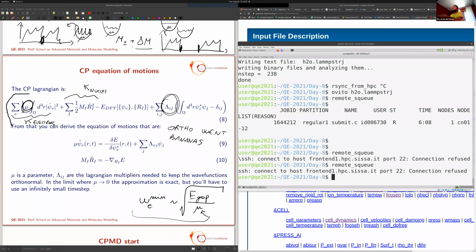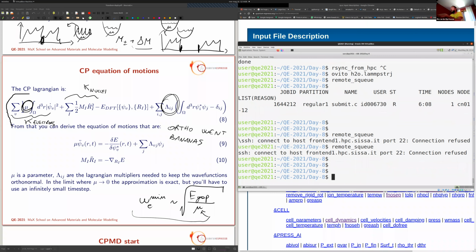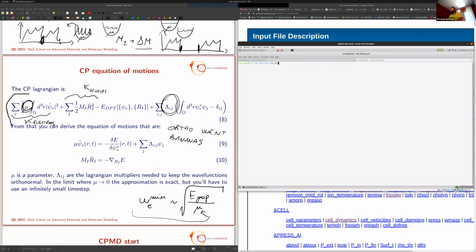Activation failed. Sorry. Let's try to see if the other script works.